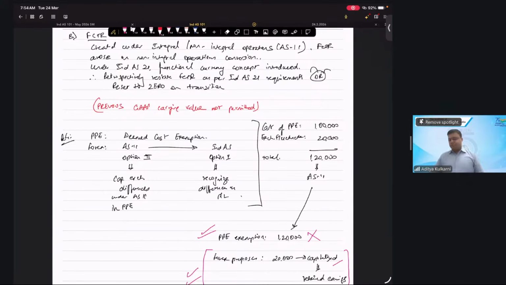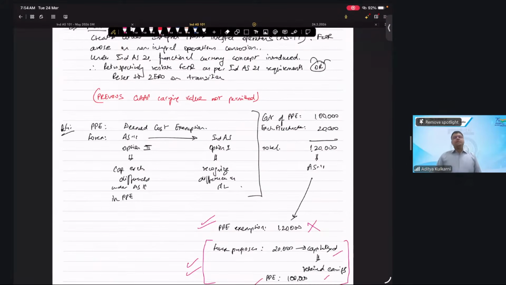Now, coming to the next one, property, plant and equipment. In this particular case, you are having assets which are already recognized at a particular value. Now, what the standard says is it gives you an option. You recognize, or you have a deemed cost exemption. What do you mean by deemed cost?